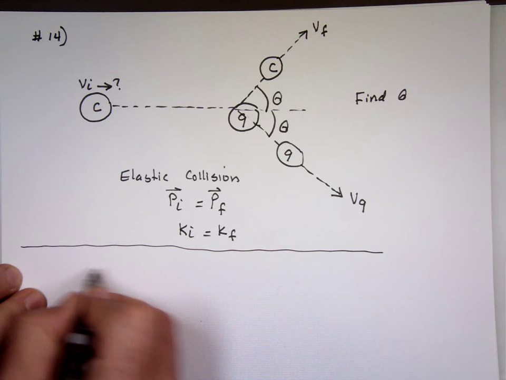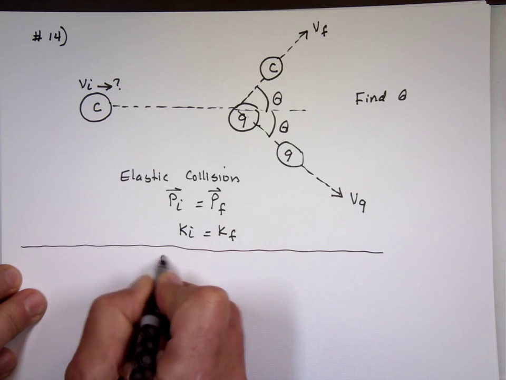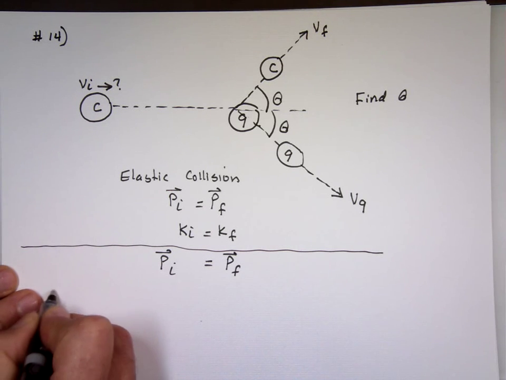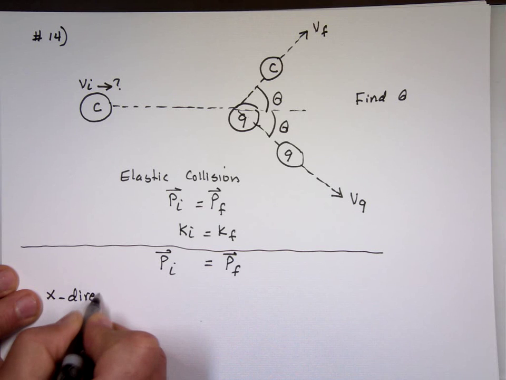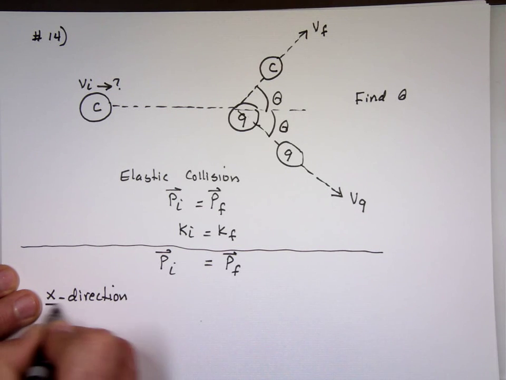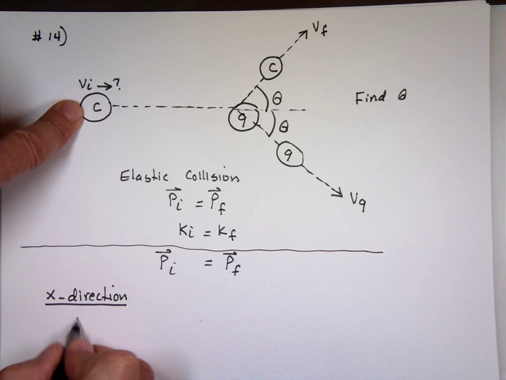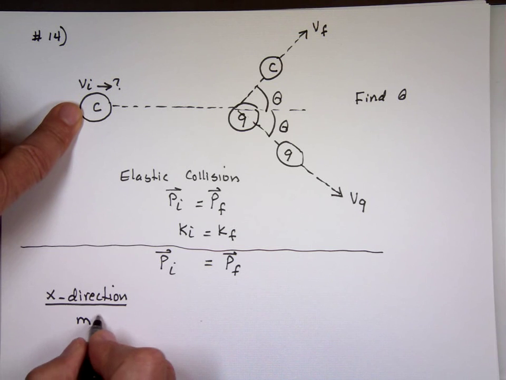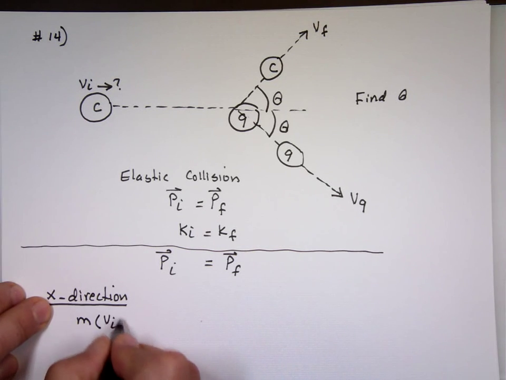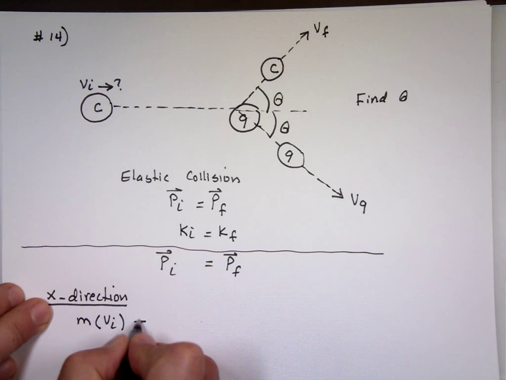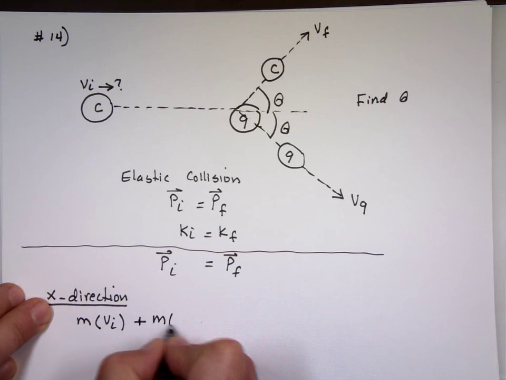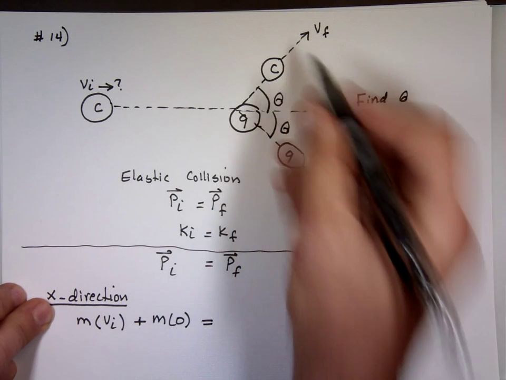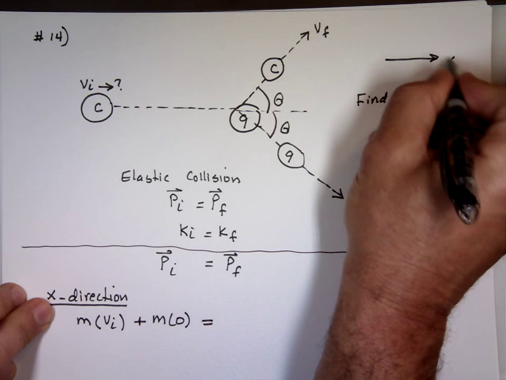The initial linear momentum should equal the final linear momentum. Let's look at the x direction. The mass of this was not given to us, but all the pool balls have the same mass, m, times the velocity in the x direction, VI, plus the mass of the 9 ball times its velocity in the x direction, which is 0, equals the mass of the cue times its velocity in the x direction. I'm using this as positive x, this as positive y.